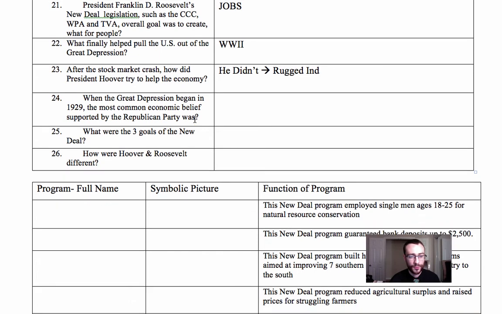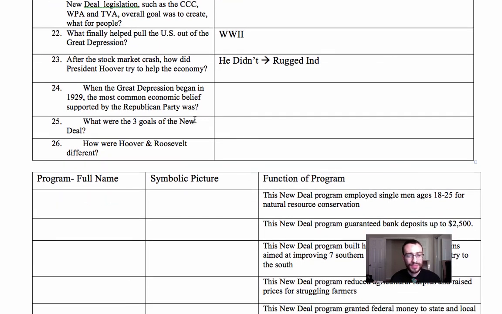Number 24, when the Great Depression began, the most common economic relief supported by the Republican Party was to, this is really just to sit back, relax. Maybe just that the economy will fix itself.